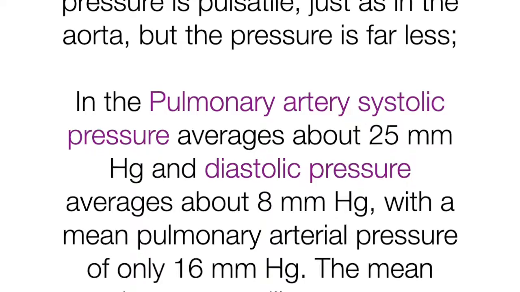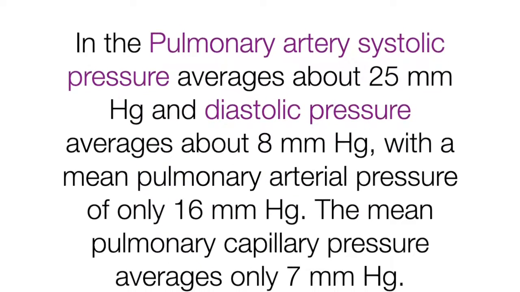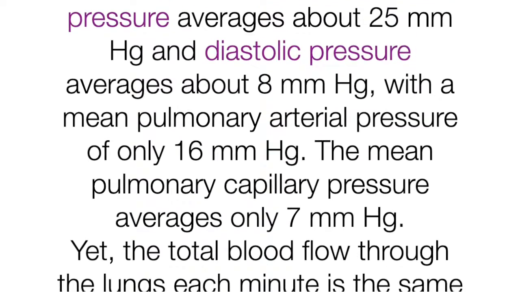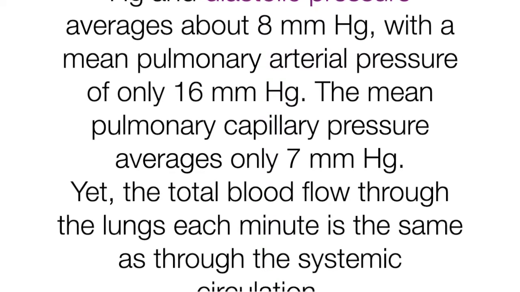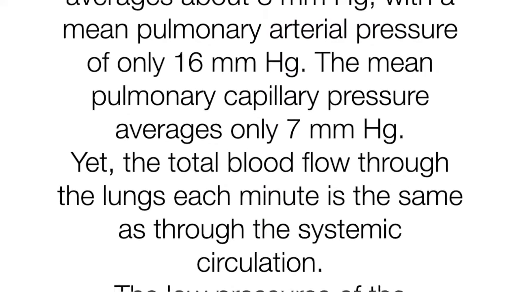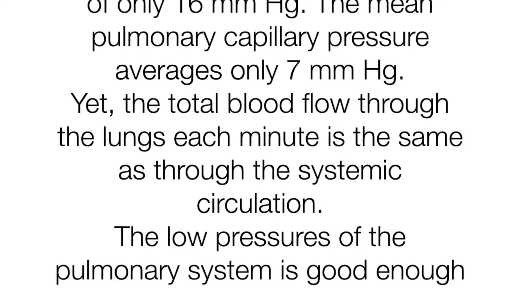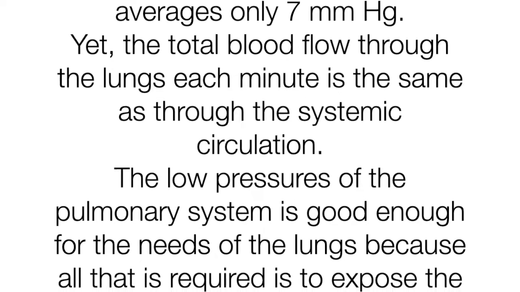In the pulmonary artery, systolic pressure averages about 25 mm and diastolic pressure about 8 mm, with a mean pulmonary arterial pressure of only 16 mm. Pulmonary capillary pressure averages only 7 mm.